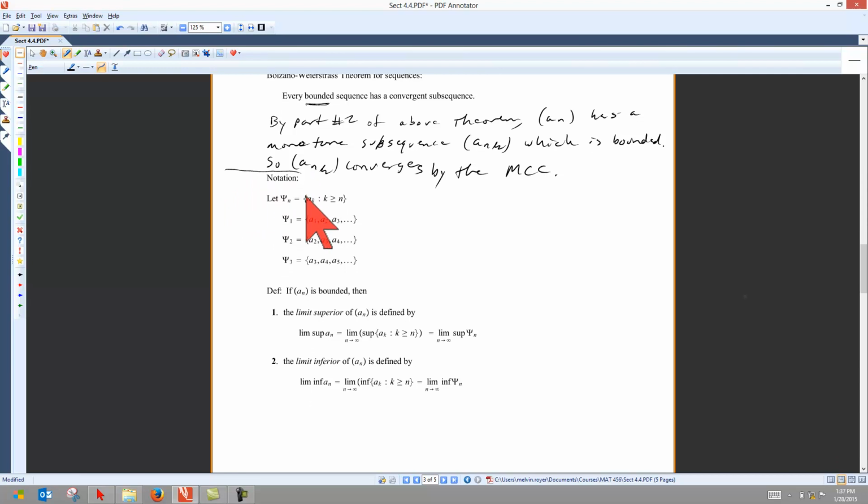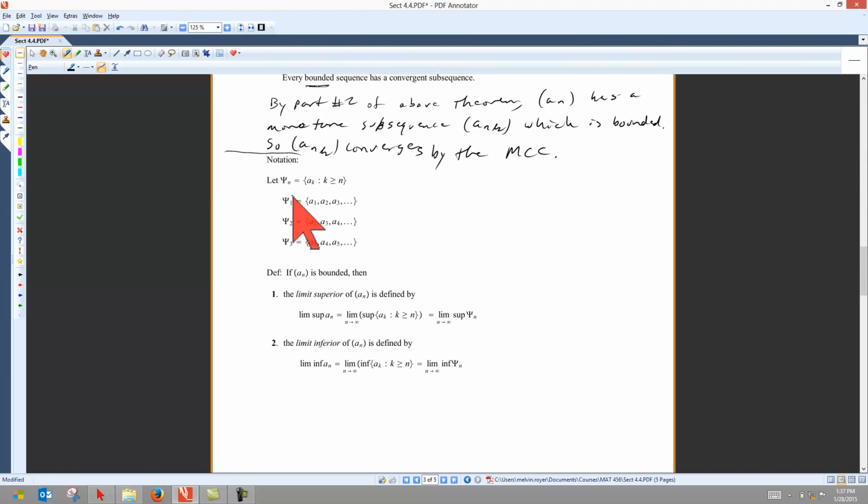First, some notation. Let's define some sets coming from a sequence. So I have an original sequence a sub n: a1, a2, a3, and so on. And I'll define psi sub n to be the a_k's from n on out, so to speak. It's easier to see by explicit example.